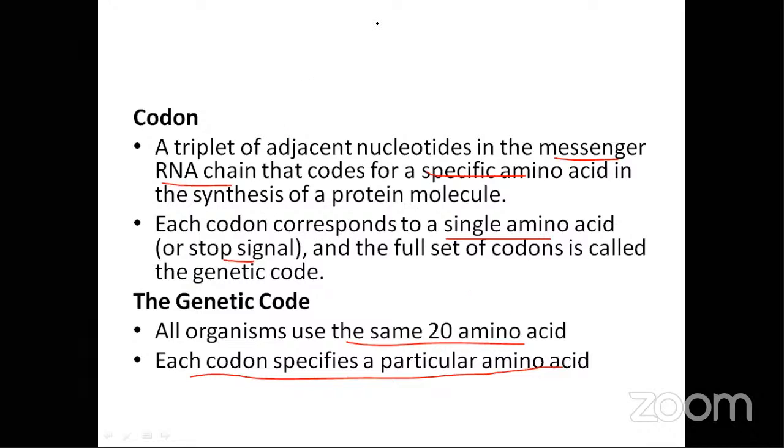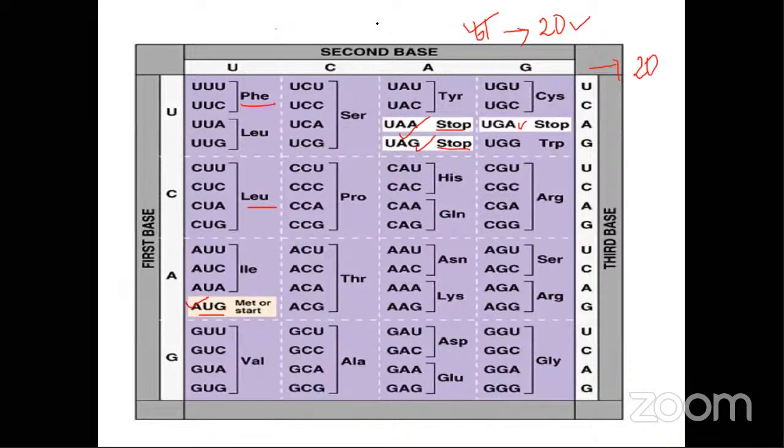It is true that one amino acid might be coded by several codons, but one particular codon will be recognized as a particular amino acid only. This UUU will always give rise to phenylalanine, nothing else. This UCU will always code for serine, nothing else, like that.